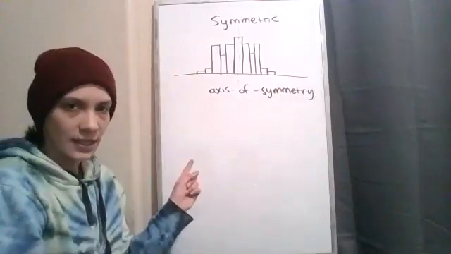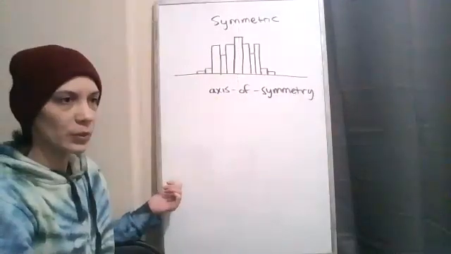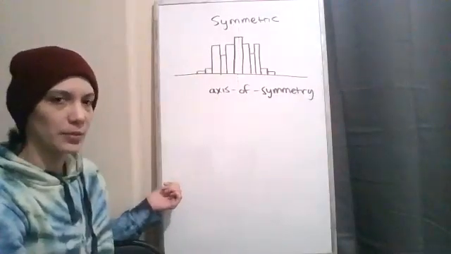Okay, the next section, or the next chapter, chapter 16, we will probably talk about bell-shaped distributions.